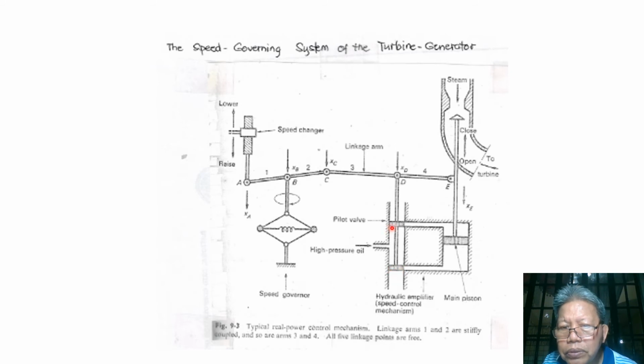So these two pilot valves, because they are connected together, will open here, but will close here, because when this moves down, the oil cannot go up anymore. But here, because this piston moves down, there will be an opening here that will cause the oil to flow from the source of high pressure oil towards the large cylinder.